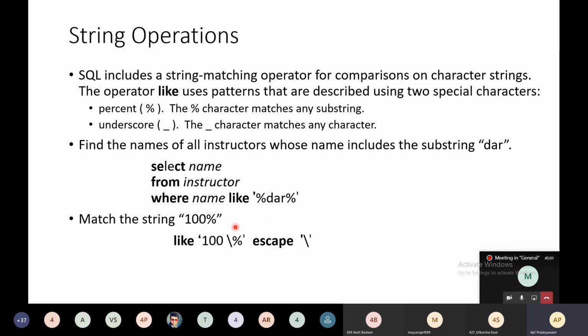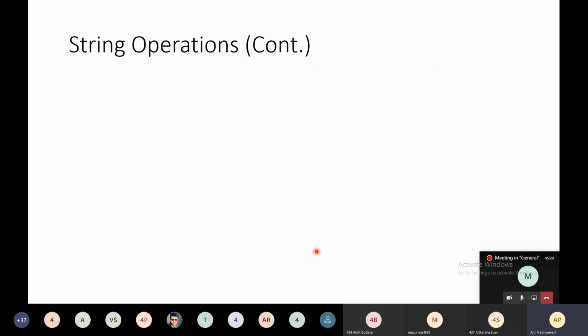If you want to identify a particular substring as 100%, you need to mention like 100 slash percentage, using the escape slash. So moving forward, patterns are case sensitive. Keep in mind, whenever you are matching any patterns, these patterns are case sensitive.